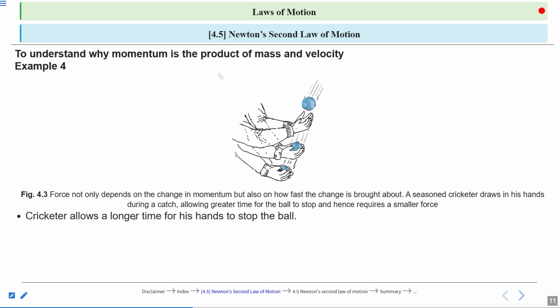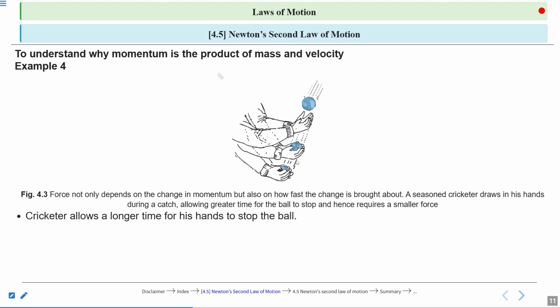The cricketer allows a longer time for his hands to stop the ball, like the position of the hand changes from this initial position, then again the position of the hands changes. So we can say the cricketer spends more time for his hands to stop the ball.